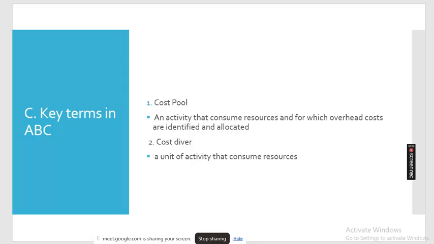For example, assembly department, machining department, that is a cost pool. Then a cost driver is a unit of activity that consumes resources. For example, machine hours, labor hours, that's a cost driver. In absorption costing, we call it activity level, but here in ABC, we call it a cost driver. So understand these terms.